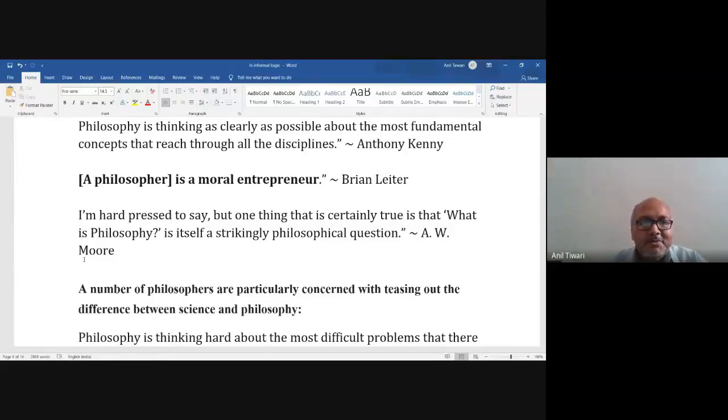Now, A.W. Moore, what he is saying. I'm hard pressed to say, but one thing that is certainly true is that what is philosophy is itself a strikingly philosophical question. This is again a kind of baffling response you can expect from any philosopher.